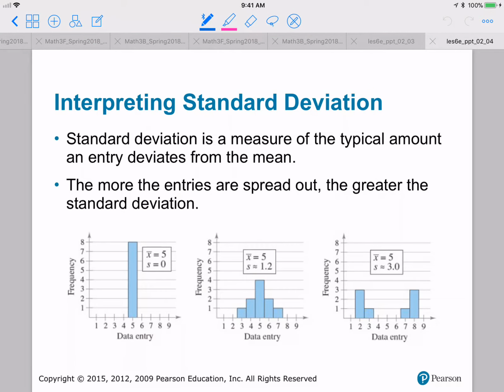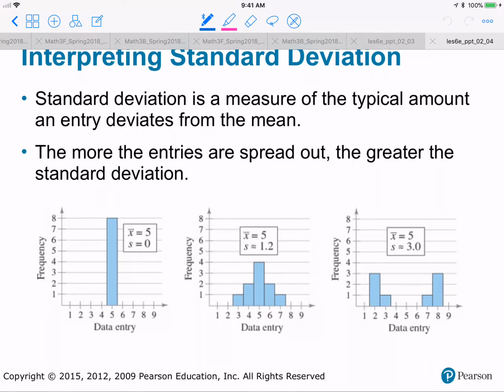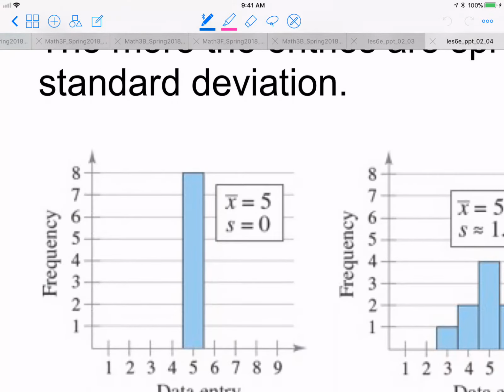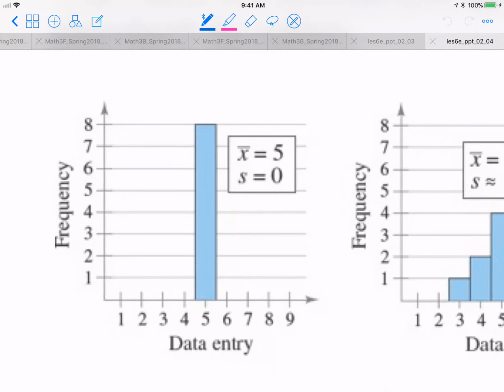Now, this is what I was describing before, interpreting standard deviation. Standard deviation is a measure of the typical amount that an entry deviates from the mean. Look at this first histogram. Here, all of the numbers are 5. You've got just a whole bunch. You've got 8 numbers.